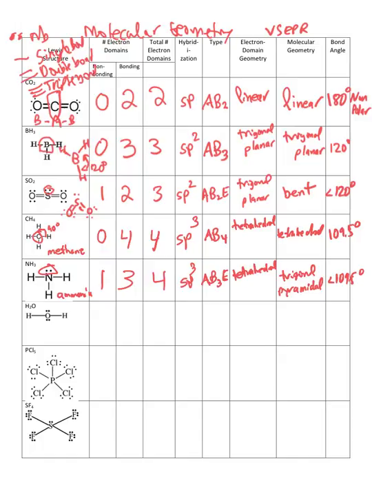H2O, water. The oxygen has 2 non-bonding pairs of electrons. It's got 2 single bonds, each worth a single electron domain. Once again, we've got 4 electron domains. That means it's automatically an sp3 hybridization. You could say it's an AB2E2 type of molecule. The central atom oxygen is bonded to 2 hydrogens.